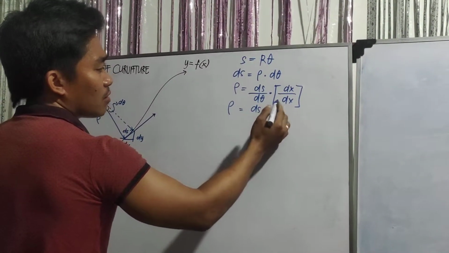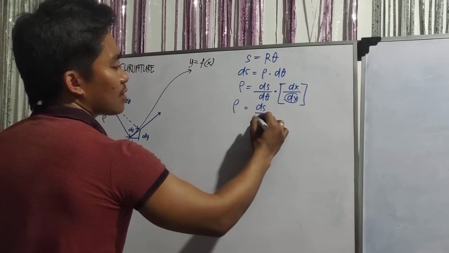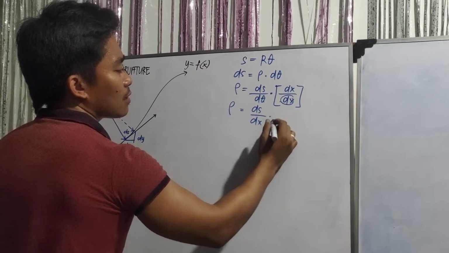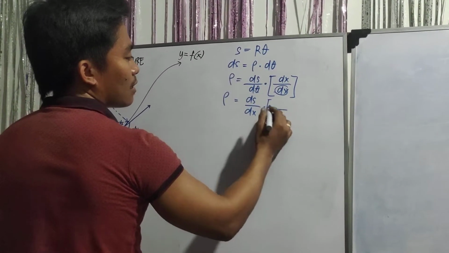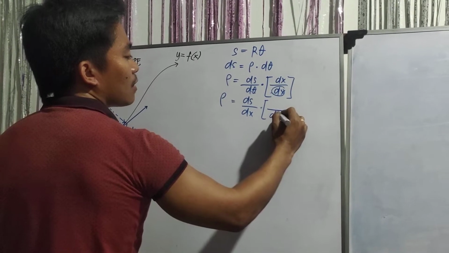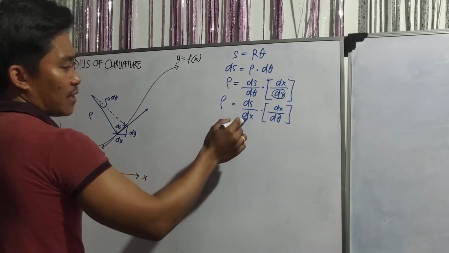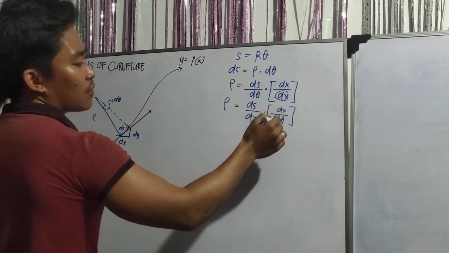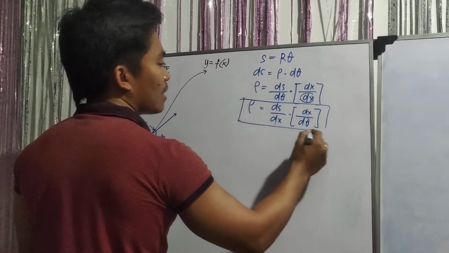The dx, you move it to the denominator of ds. That is dx. How about this d theta? Move it to the dx. So in short, ds over dx times dx over d theta.